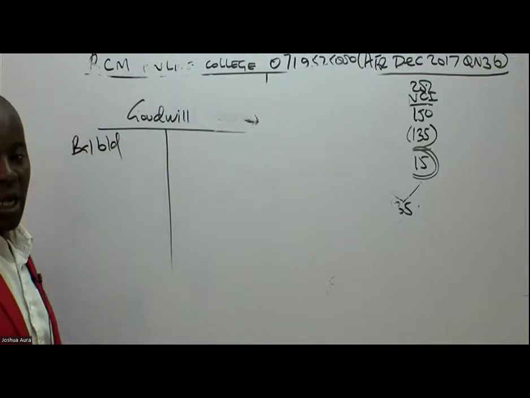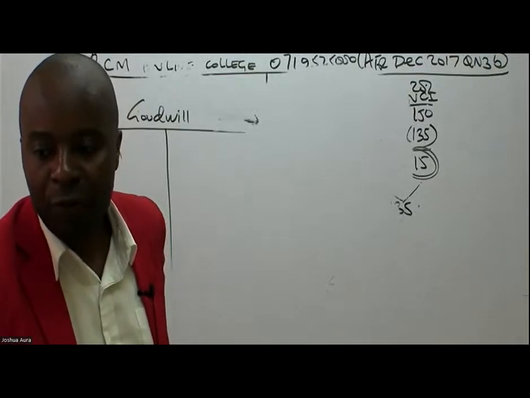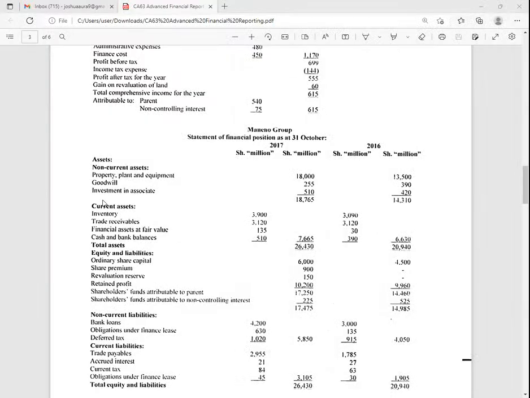Balance brought down for goodwill, from what I'm able to see, is 390. So I have 390 here, and then I have balance carried down for the end of the current year.